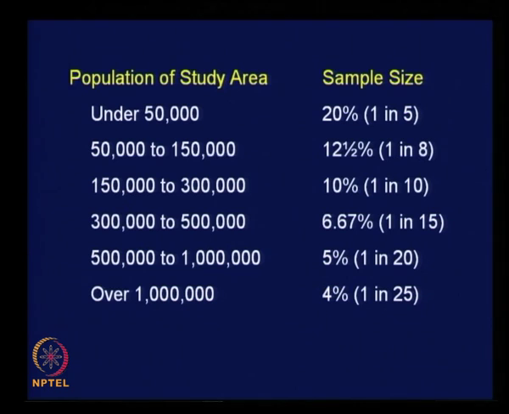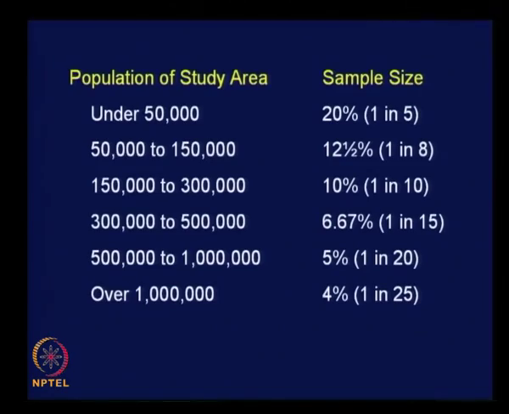So, when the city's population is 50,000, within 50,000 you are going to have so many categories of people with a wide range of income and a wide range of socio-economic characteristics. So, if you want to capture all these variations within this small population, obviously you must capture more number of households, isn't it, covering all these variations.